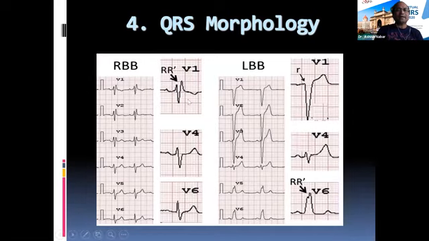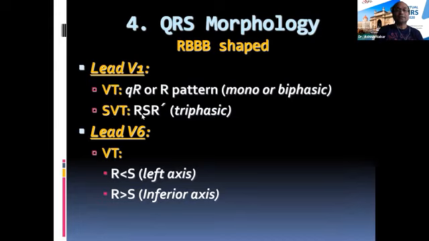For example, RS-R' is a triphasic pattern, usually suggestive of a supraventricular rhythm. So if V1 has an RS-R' or RR', it may suggest a supraventricular rhythm. But if it has a single monophasic R, you should strongly consider VT as a possibility. So here is what I wanted to tell you.